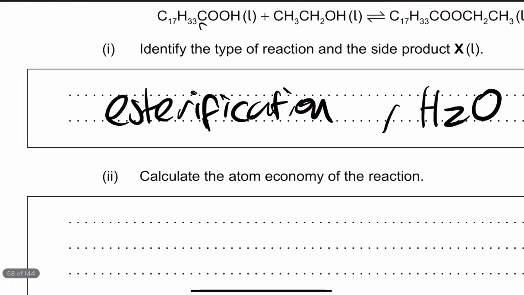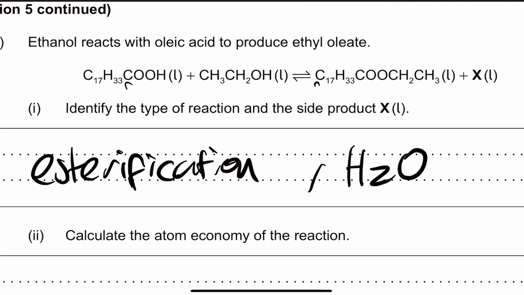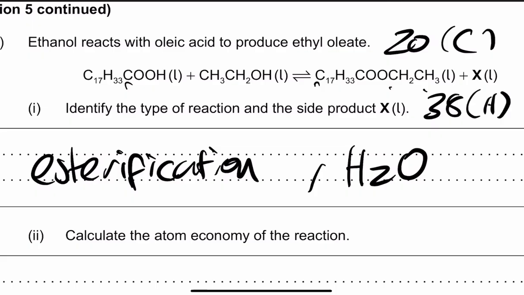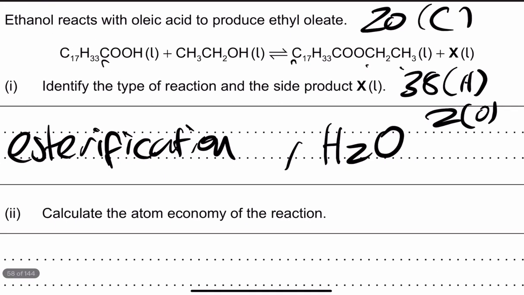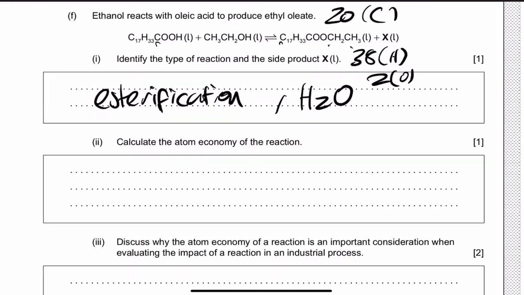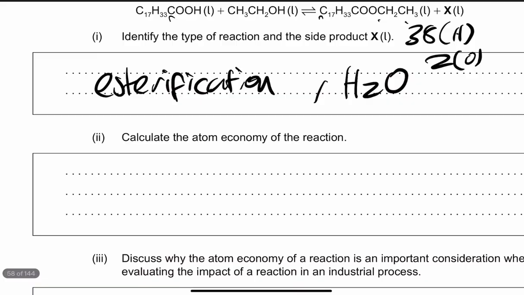So there are 20 carbons, 38 hydrogens, and 2 oxygens. That's the total atoms we have in the desired product.